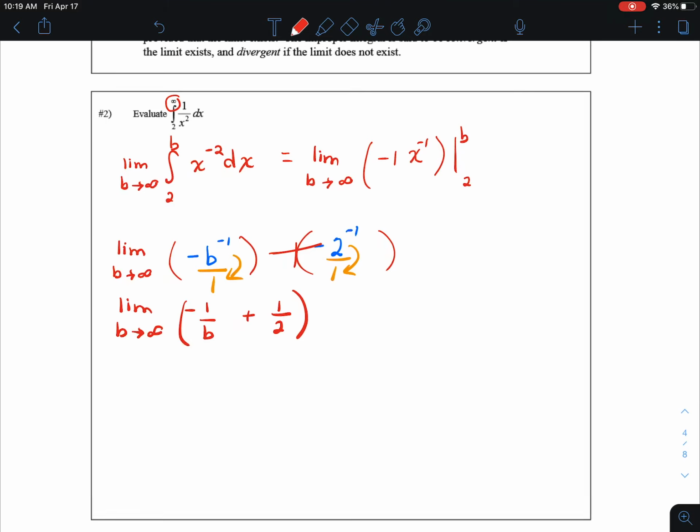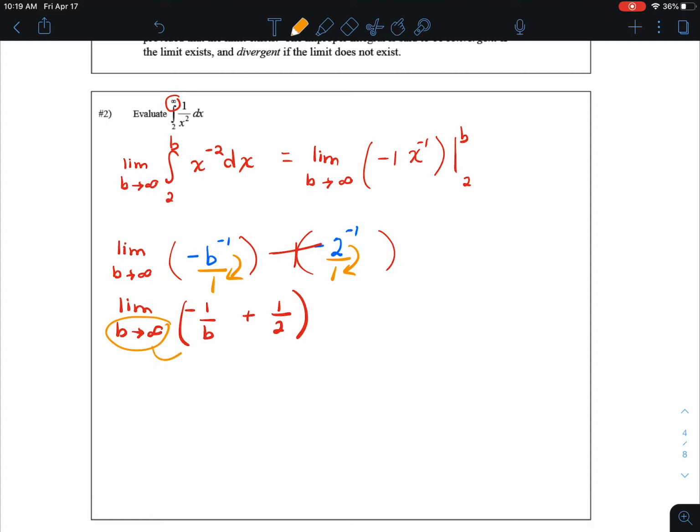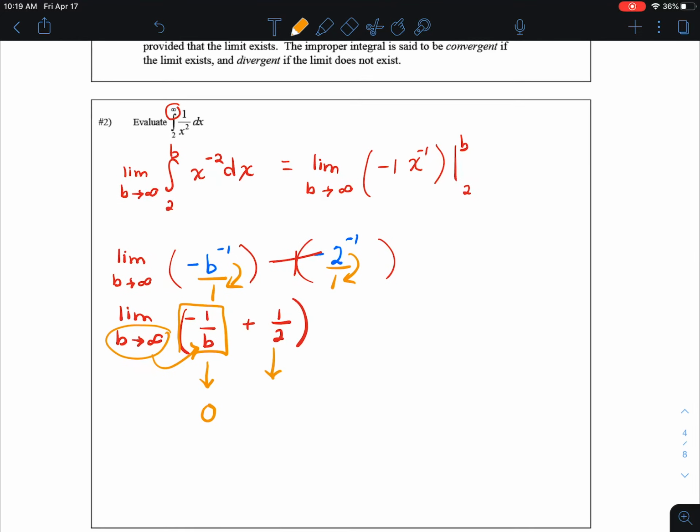It's going to change to a plus 1 over 2, or 1/2, for the second fraction. And now I can look at this and say, okay, I'm supposed to imagine plugging in larger and larger numbers for the b. That clearly is in the denominator of my fraction. That's going to cause the overall value for that fraction to be a 0, and then this would only come out to be 1/2.